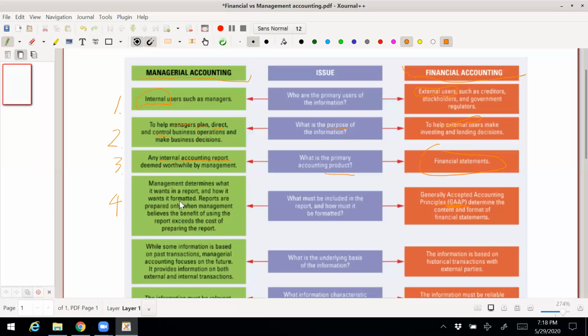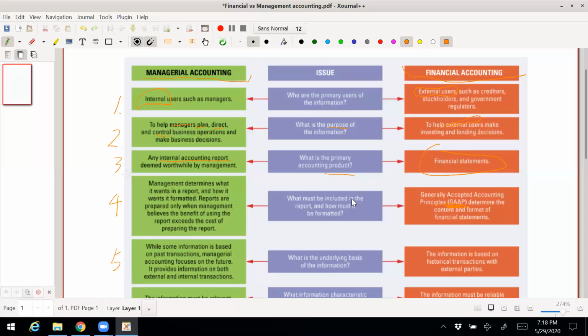Generally, they serve the internal managers in finishing their responsibilities, and there is no specific format. Each company is different. As long as the report gives you a good idea about your internal business, that's good enough for managerial accounting.